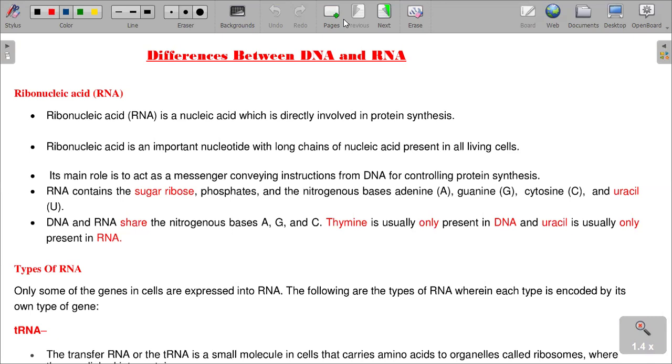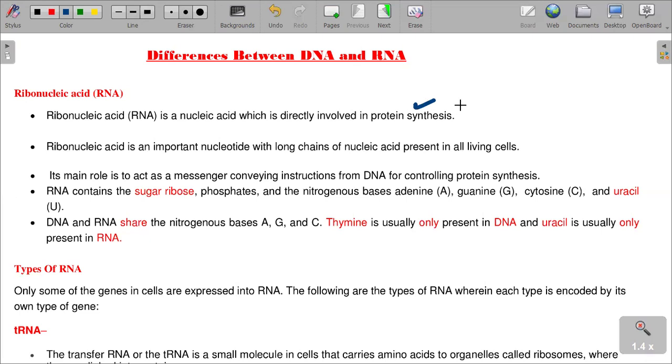So one key thing is that we have two types of nucleic acids, which are RNA and DNA. RNA is the one that is directly involved in protein synthesis, which is translation, the process by which proteins are formed.